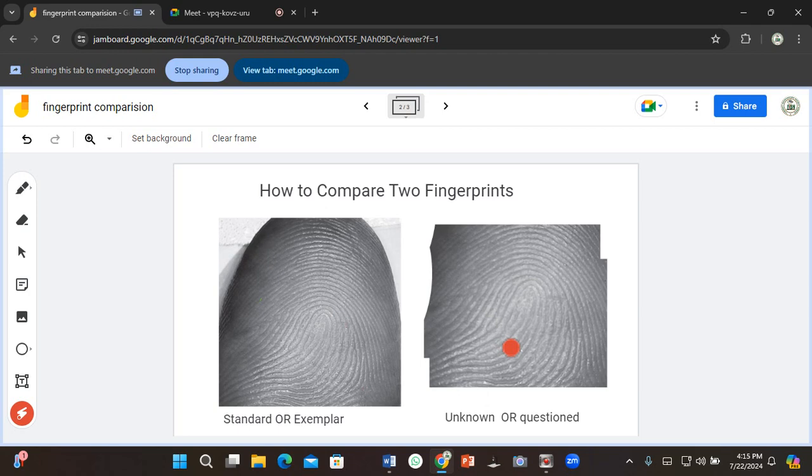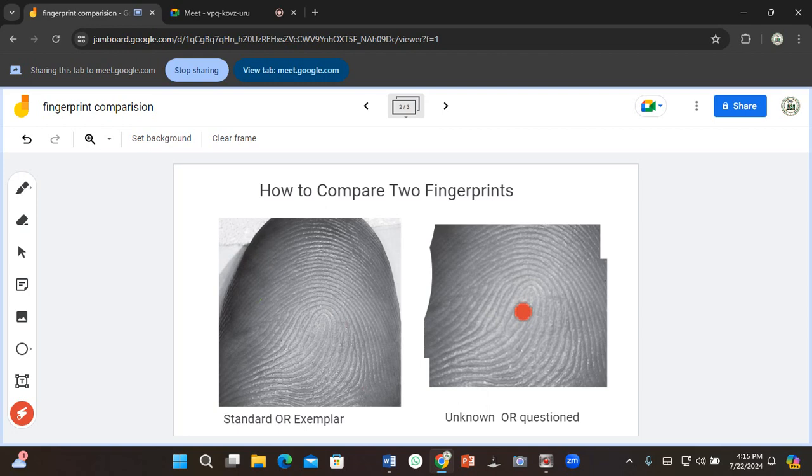Assuming the standard is a loop and the question is an arch, then we have to stop, because the two cannot be compared. You can't compare an arch with a loop.